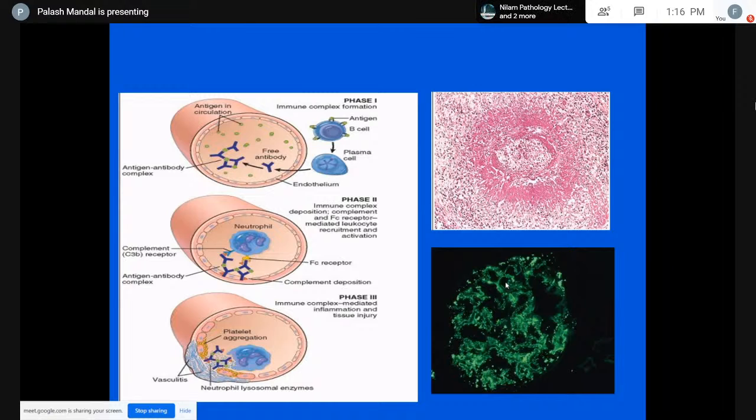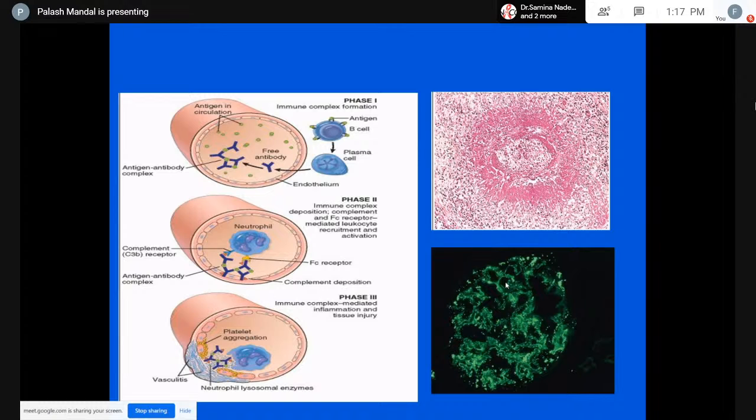So this IgG complex got deposited in the glomerular capillaries, and the fluorescence has been shown, and this is taken up by a fluorescent microscope. This micrograph has been taken, and this is visualized, again taken from Robbins. All three pictures are from Robbins. You can go back, look into your book, and have a better idea if you want to.